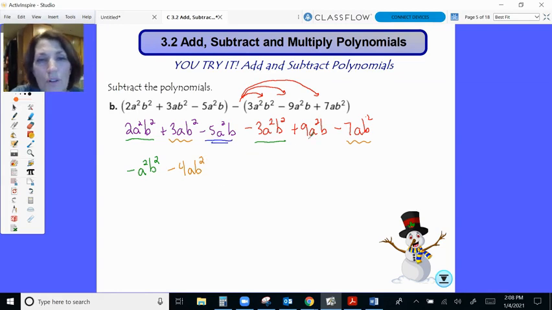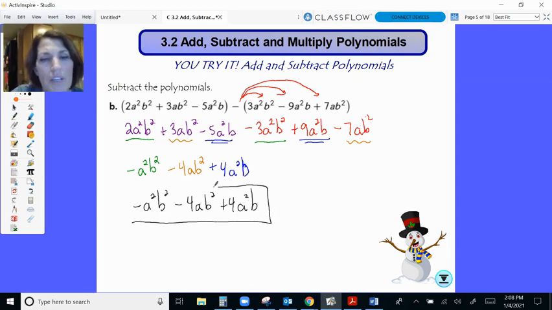Then I have a squared b right here. That's a plus 4a squared b. And then I'm done. So that is my final polynomial, negative a squared b squared minus 4ab squared plus 4a squared b. And we are finished.